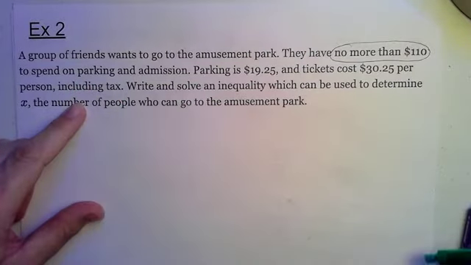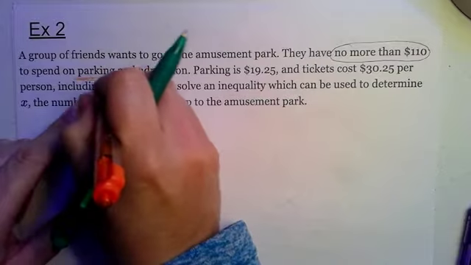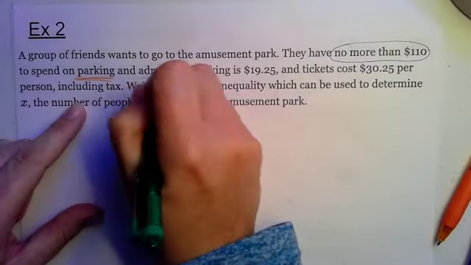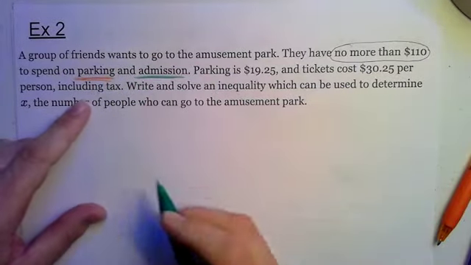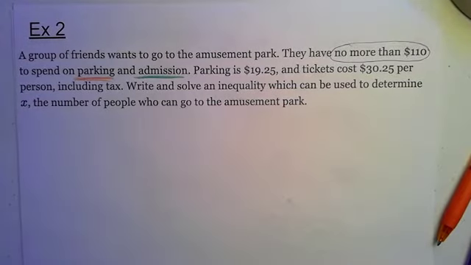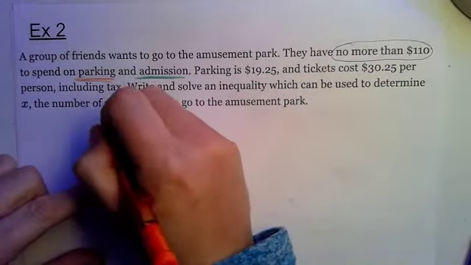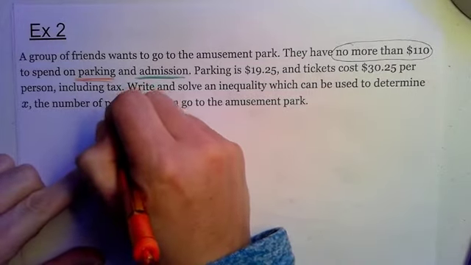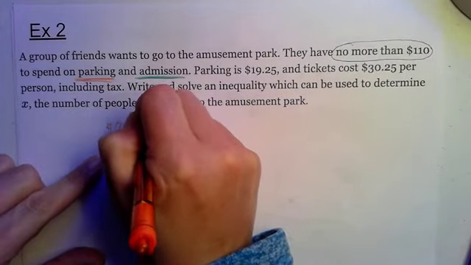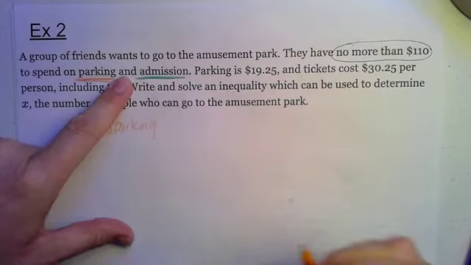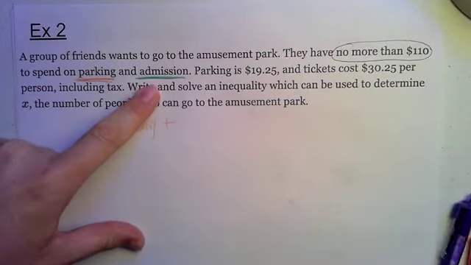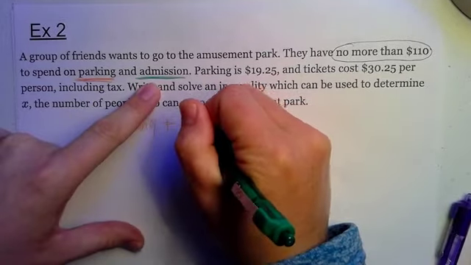So we have, I'm going to do parking and admission. All right. And so if I'm thinking about this, we have what they're going to spend on parking, their money for parking, plus their money for admission.